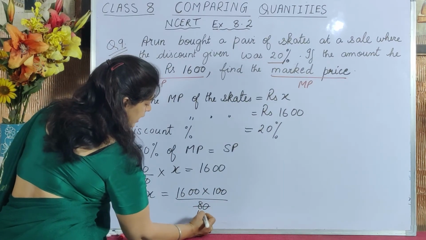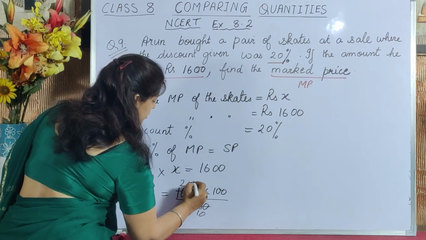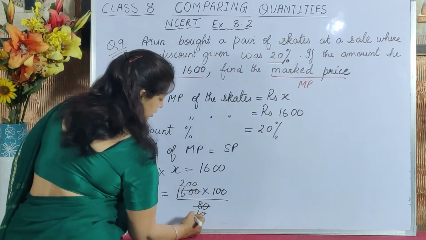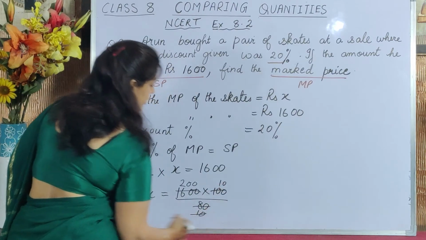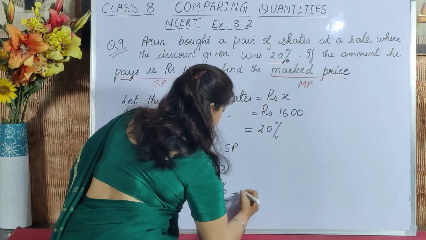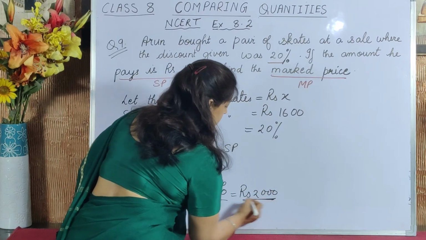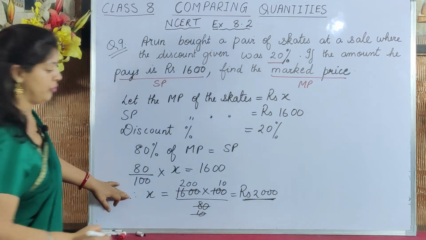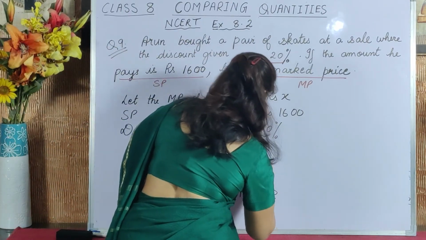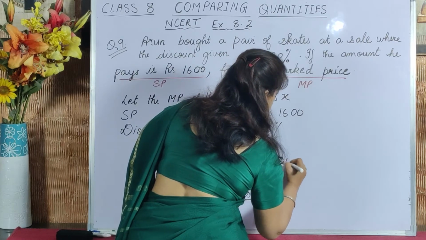Now 8 goes 10 times in 80, 8 goes 2 times in 16 and 2 zeros. 10 goes 10 times in 100. So we are left with 200 multiplied by 10, which is equal to rupees 2,000. Now this 2,000 is the value of X, which is the marked price of the skates. Therefore, marked price is rupees 2,000.